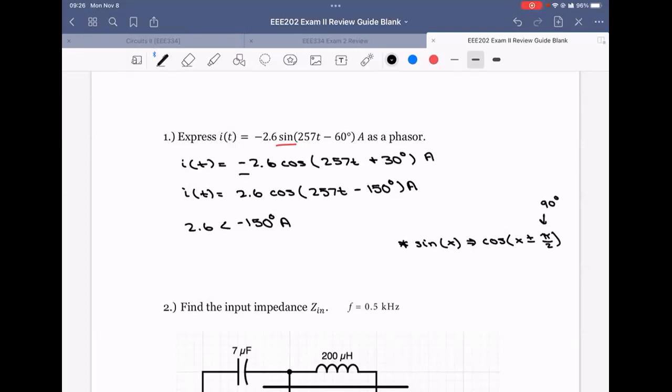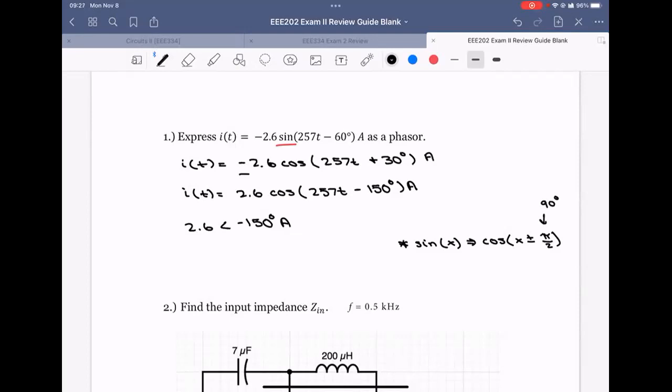Really those are the main things: making sure that it's cosine and that your magnitude is positive. Then you can look at the degree at the end and decide whether it's in a good range. If you see something like negative 600 degrees, you could easily change that.